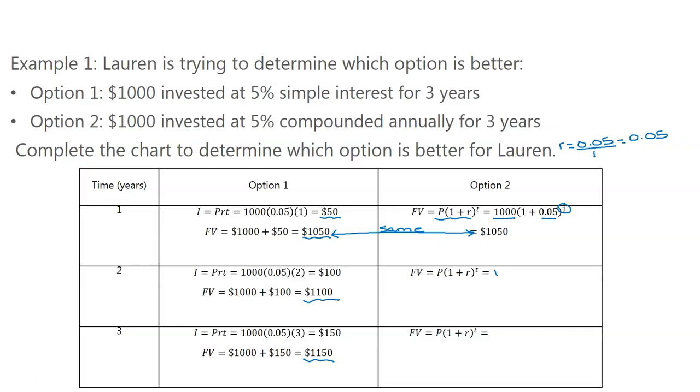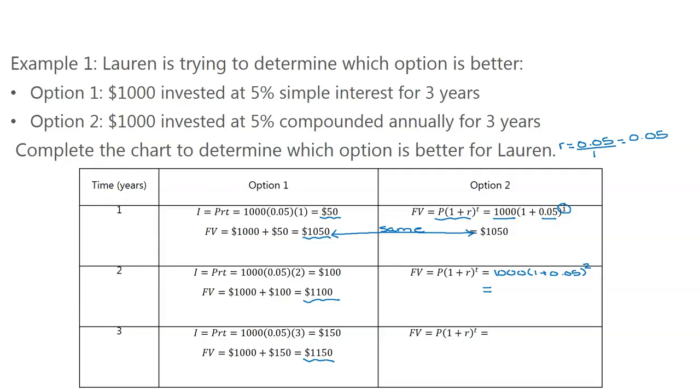So let's look at year 2 to see if we get 1,100. So I'll replace P with 1,000. The R value is still the same. And now this time T is 2. We're getting interest just once a year. So over the course of 2 years, interest is applied twice. So that's why it's 2. Now when we put this in the calculator, we've got to be careful and follow our order of operations.